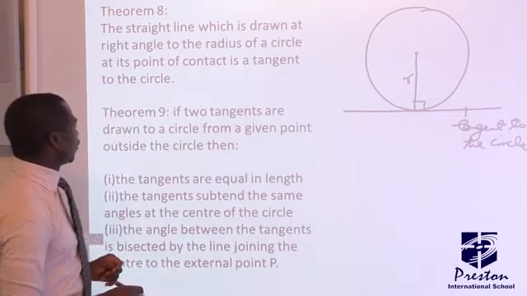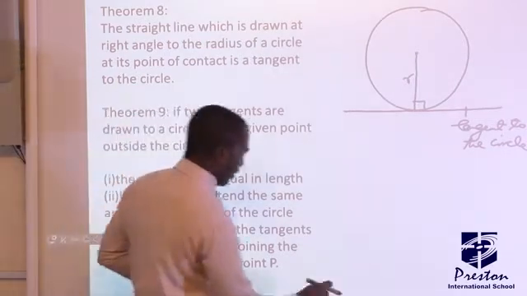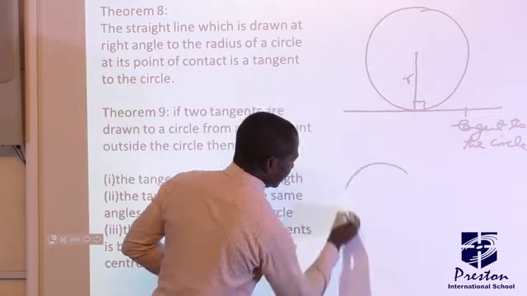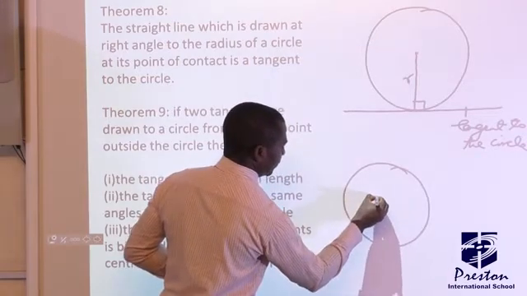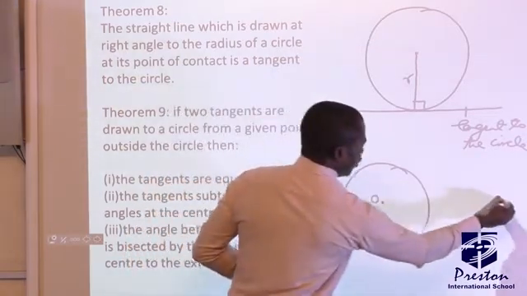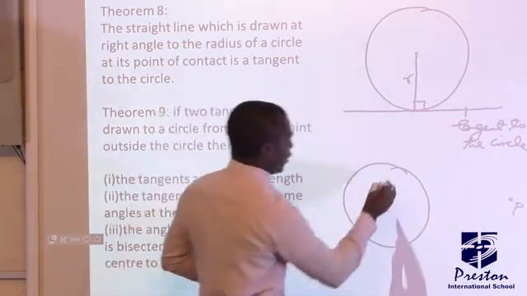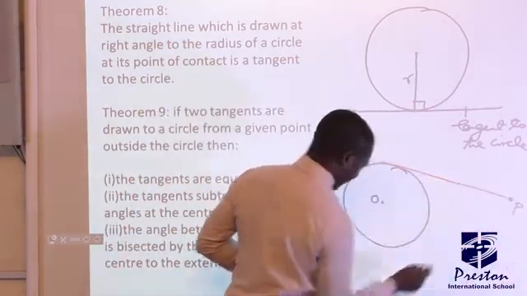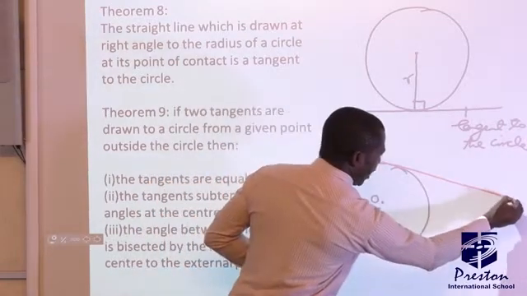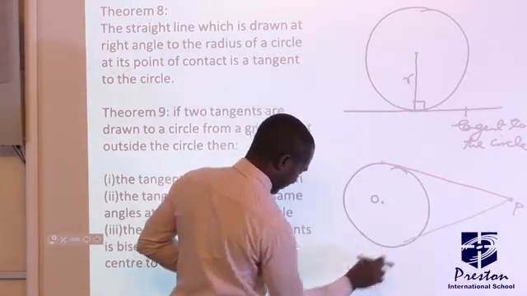Now, theorem 9. If two tangents are drawn from an external point, let's call this the external point P. When we draw a tangent from this point, draw another tangent from this point.